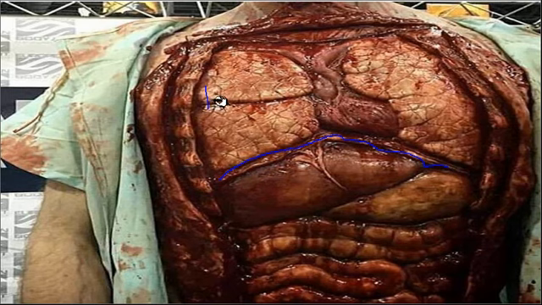This is the right lung. This is the left lung. And here in between you have your heart.